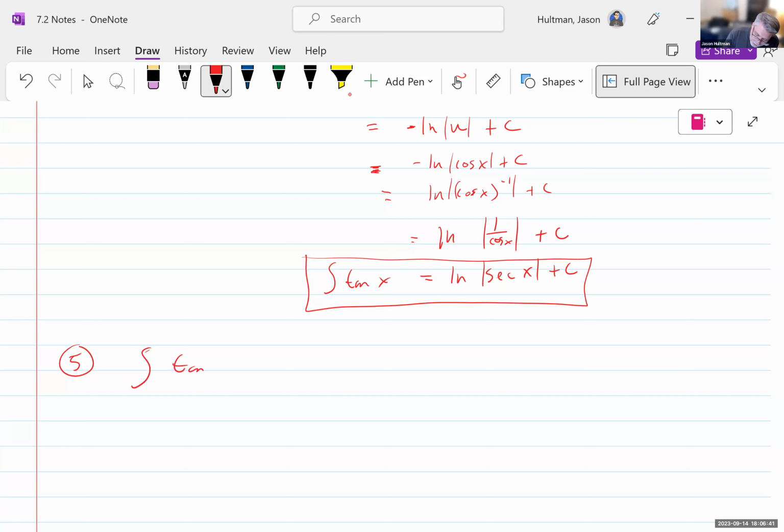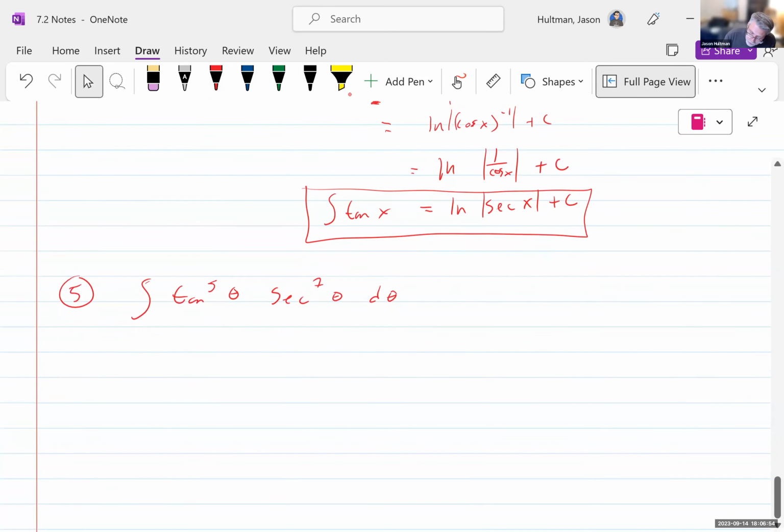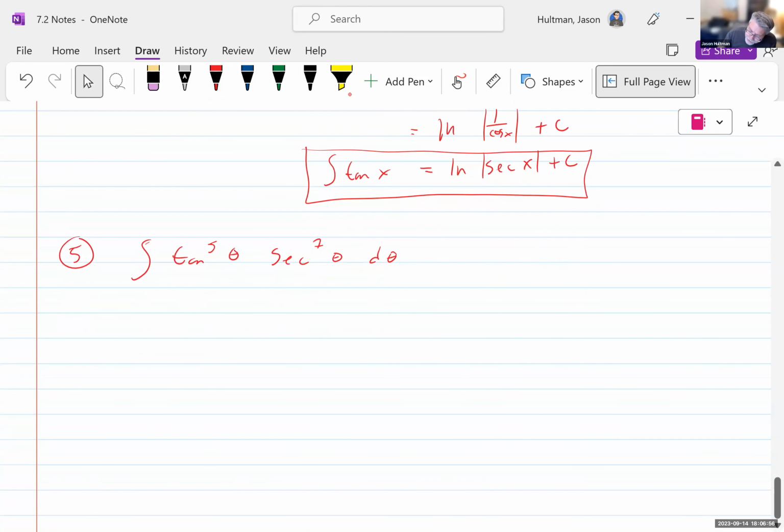So tangent to the 5th of theta times secant to the 7th of theta d theta. Here tangent is odd, right? And so we want to pull out a tangent secant. So that's going to leave a tangent to the 4th theta, secant to the 6th theta, and then a secant theta, tangent theta d theta.